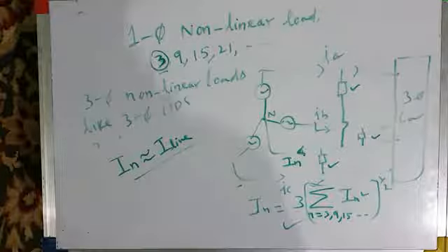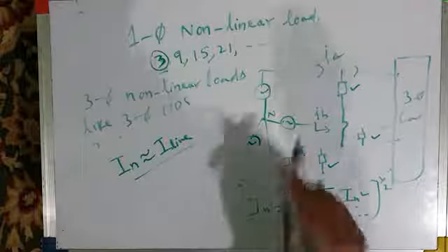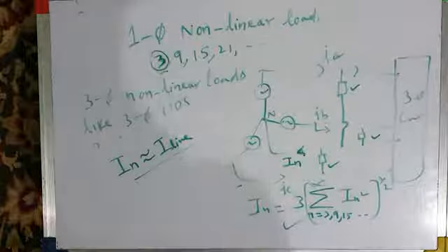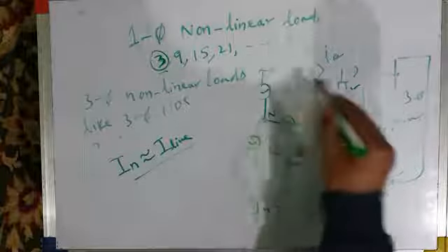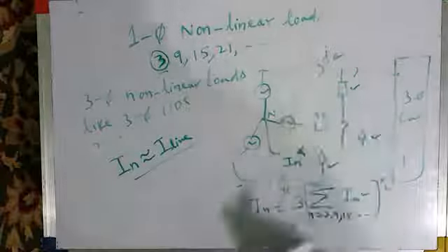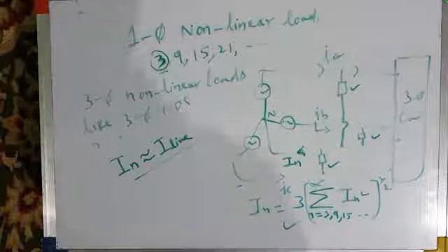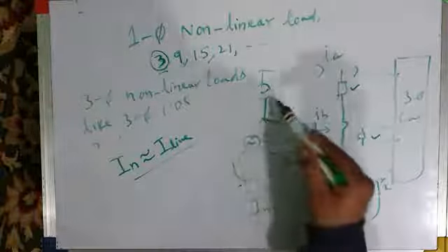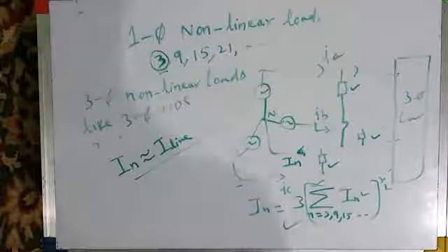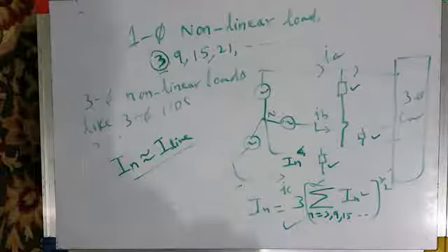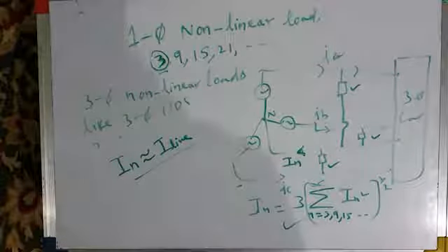This is what you were taught in your power systems or basic electrical engineering. But that is true only if the loads are linear loads, they do not draw harmonics, and this is a three-phase sinusoidal balanced system. But if your single-phase loads are non-linear loads, your system becomes a three-phase non-sinusoidal balanced system, then in that case neutral current very nearly is equal to line current even if the system is balanced.